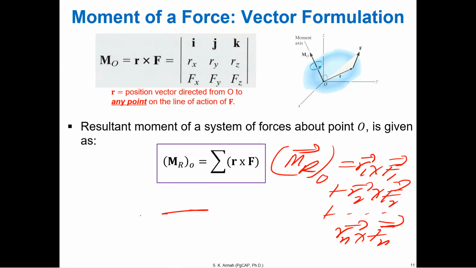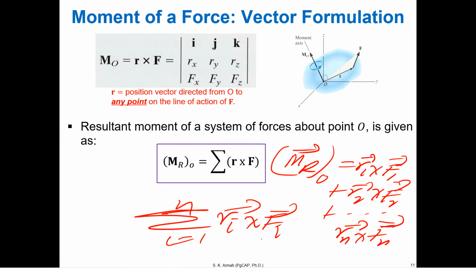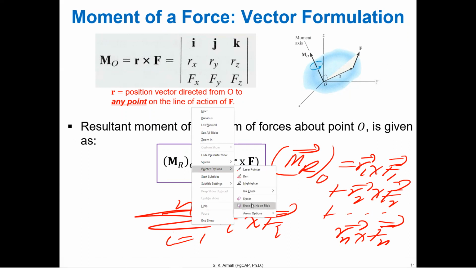Or this can be written in short, summation of i from 1 to n of your Ri cross Fi. But in short, we drop those subscripts and we just say summation of R cross F. So if you have more than one force, that's what we do.